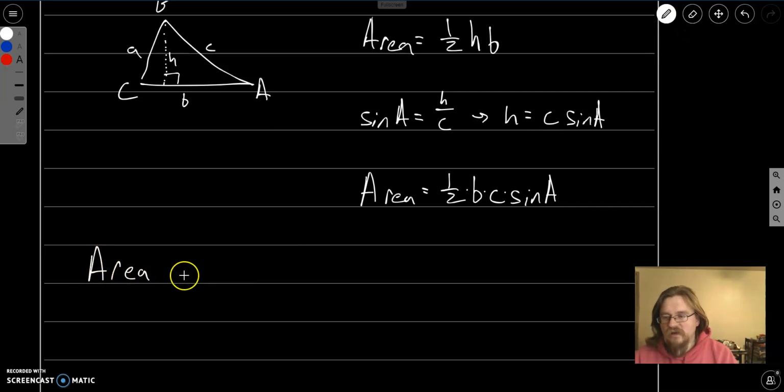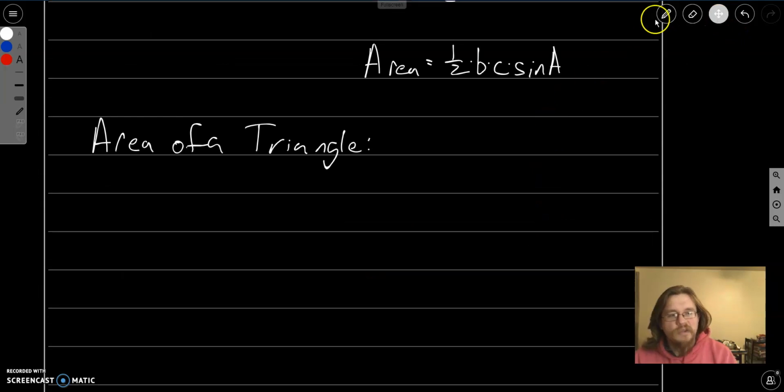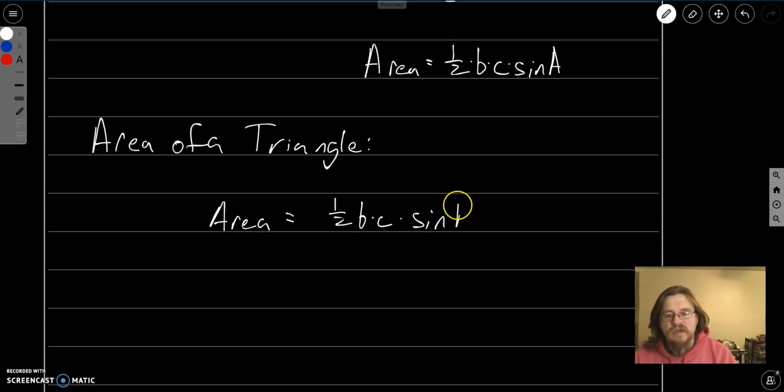So the area of a triangle will have three formulas. The area will be equal to 1/2, like we just said, b times c times sine of a, or this is also going to be equal to 1/2 a times c times sine of b.